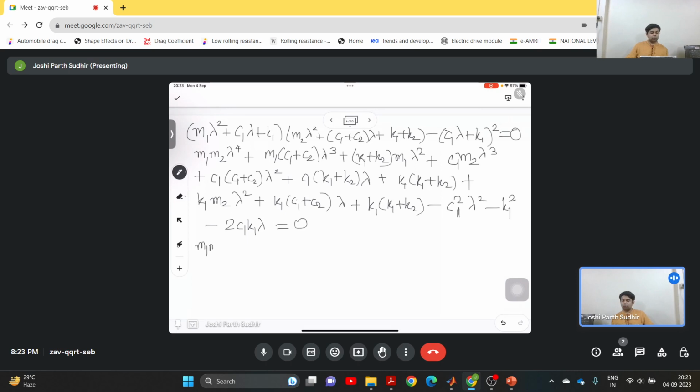So we will get m1 m2 lambda to the power 4 as it is, plus. So let us try to combine the terms for lambda cube.